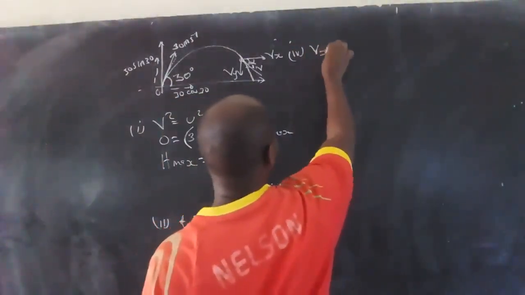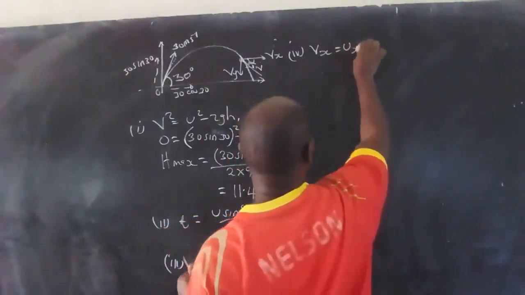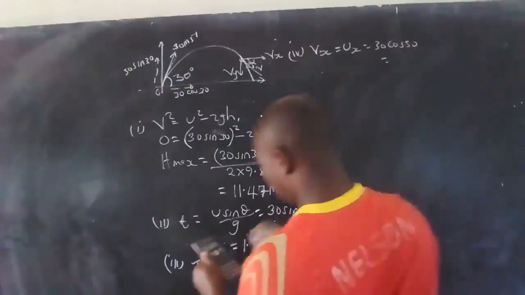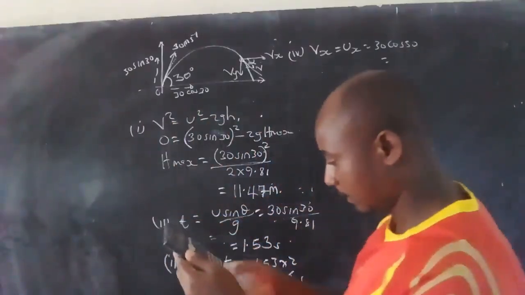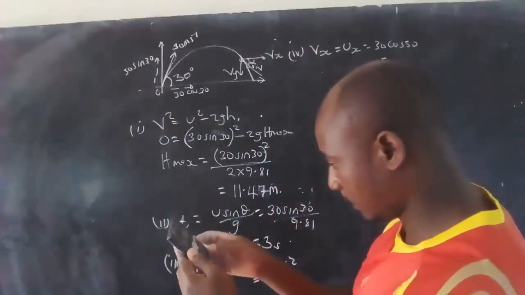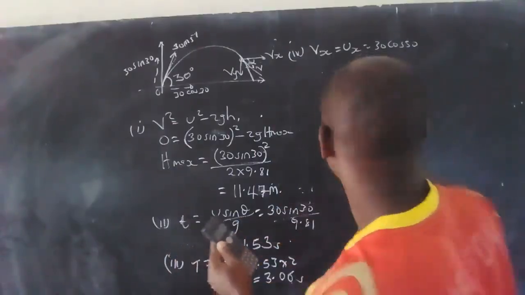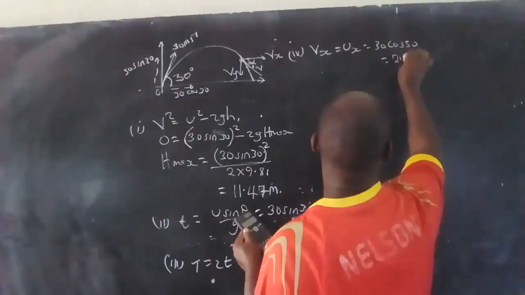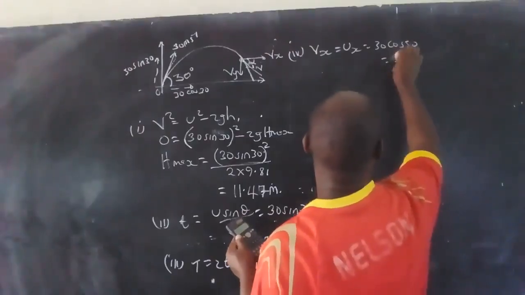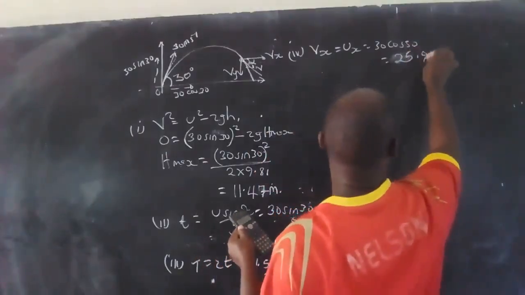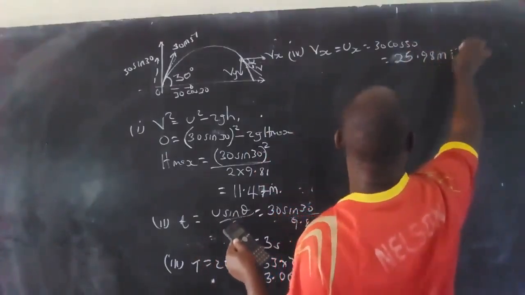So Vx will become Ux, which is 30 cos of 30. What do you get? 30 times cos of 30, we have 25.98 meters per second.